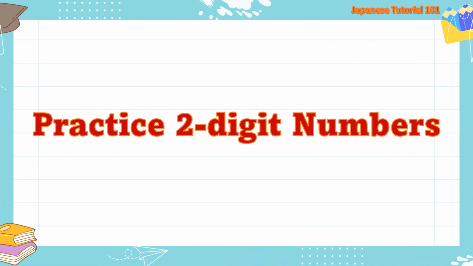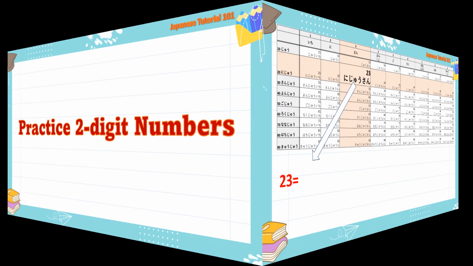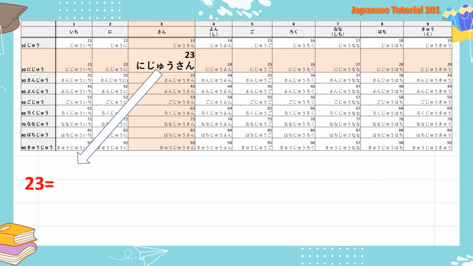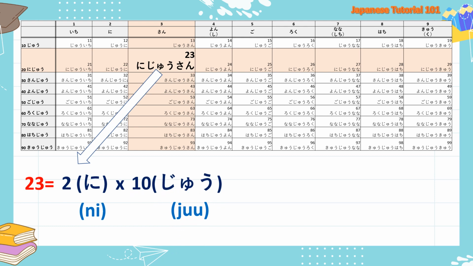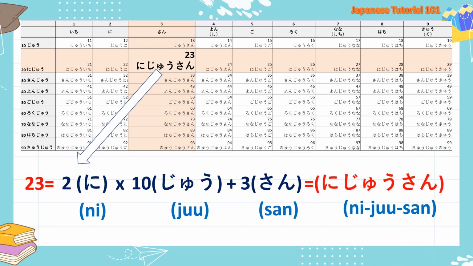Now practice more two-digit numbers. Now we have 23. So 20 is 2 times 10, and 3 is 3. So it's pronounced 23.